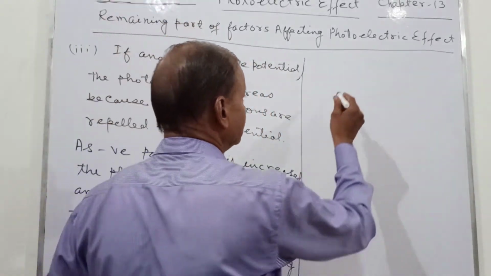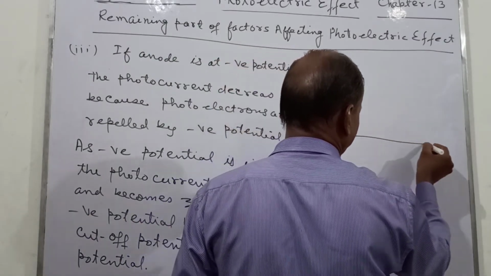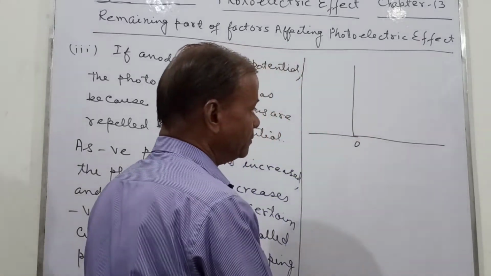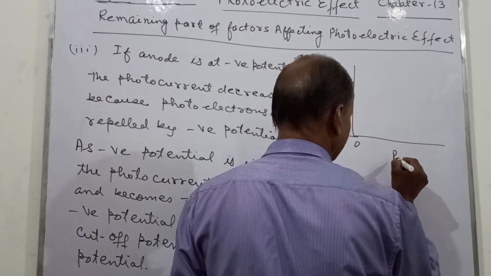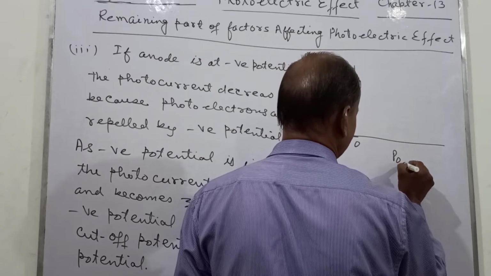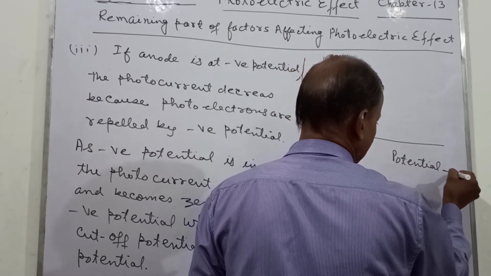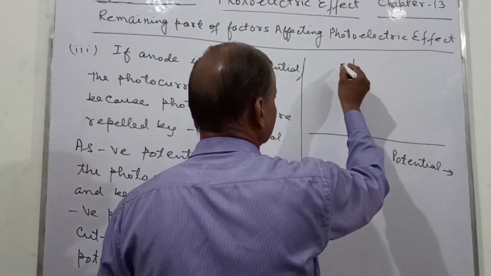Now if we have this, I take the graph. This is zero potential. This is the applied potential. And on this side we take the photocurrent.